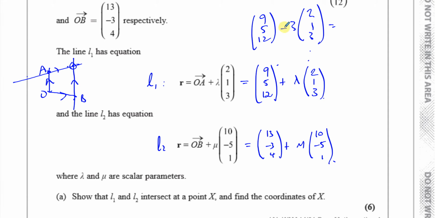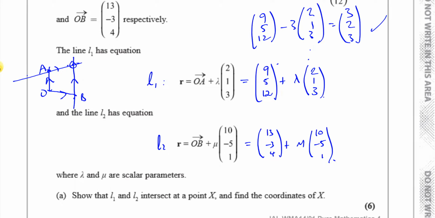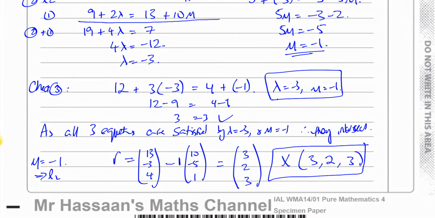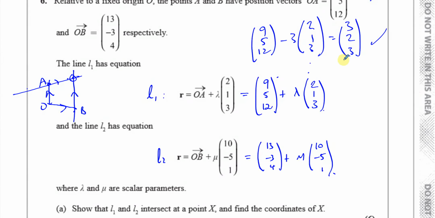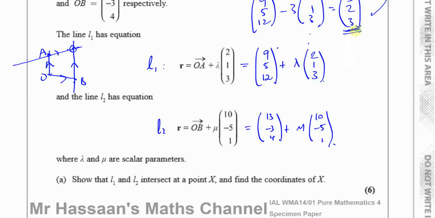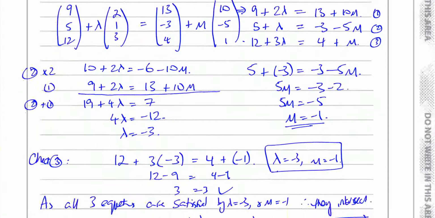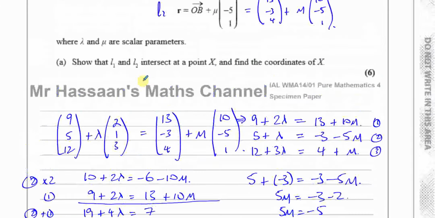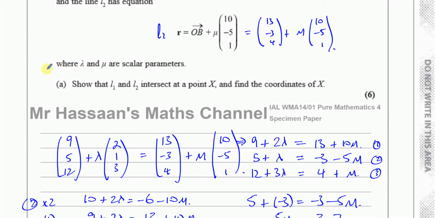That would give you 9 minus 6, which is 3, 5 minus 3, which is 2, and 12 minus 9, which is 3, exactly the same point. So we know for sure, just in case you wanted to check, that we have got the right answer. When lambda is minus 3, this line is at this point, and when mu is minus 1, line 2 is exactly the same point, 3, 2, 3. Therefore, they intersect at that point. So that's question number 6a.